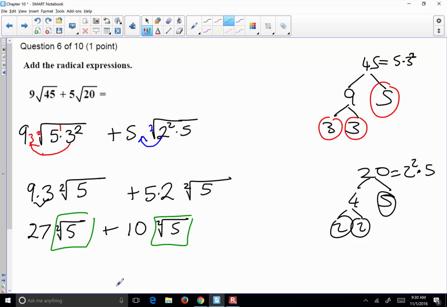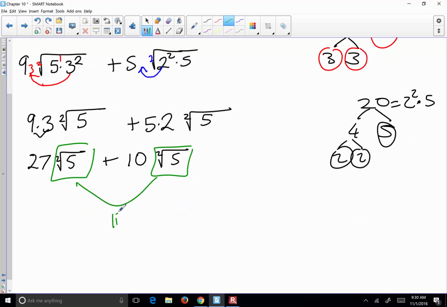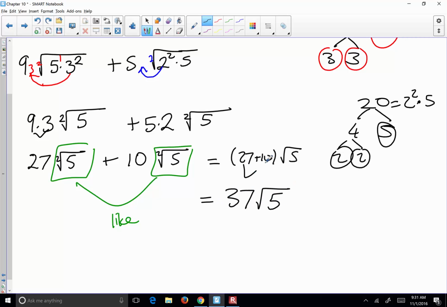After the riot, some of the prisoners escaped. What's locked inside is nothing but just a single number 5. So they are like. So we can combine them by simply adding the numbers in front of them, which is 37 root 5, right? Correct?